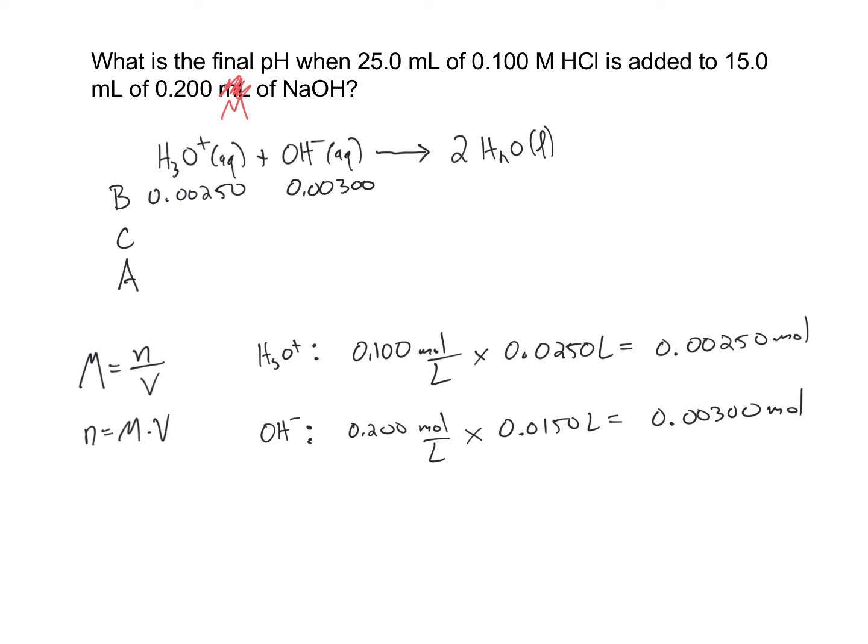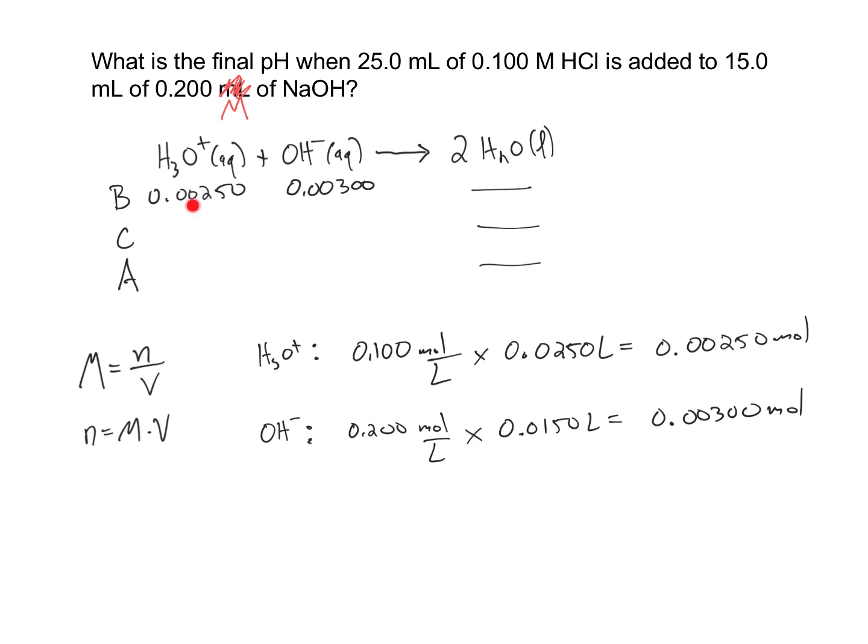Alright, so to finish off my BCA table, I'm not really worried about the water. I can include it here, but that's not going to affect the pH. And so I look at the hydronium ions and the hydroxide ions, and since this is a one-to-one reaction, whichever one of these is the smallest is going to be the limiting reagent.